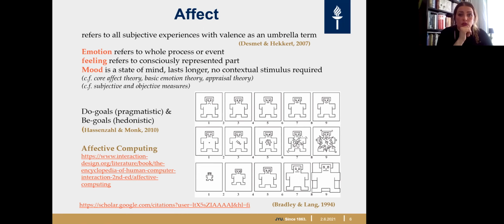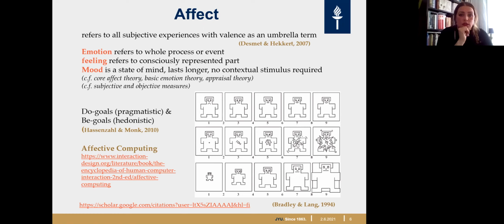Affect has also been studied in many different fields during the past 2 decades. In human-computer interaction and user experience research, it has been in focus for quite a while now.